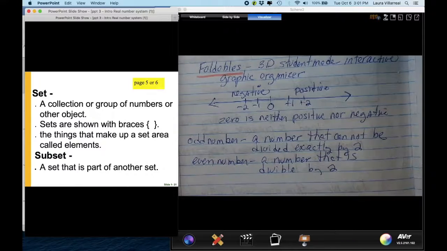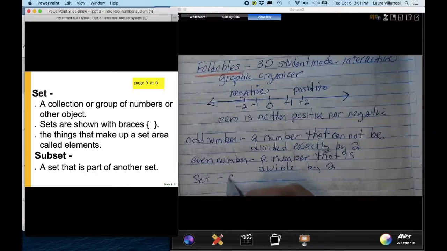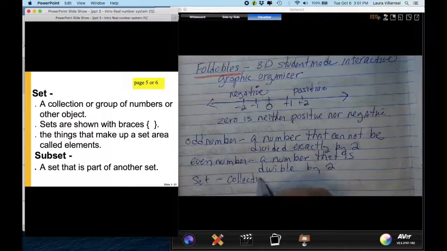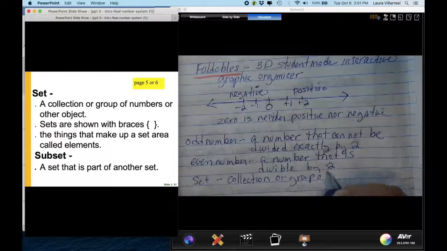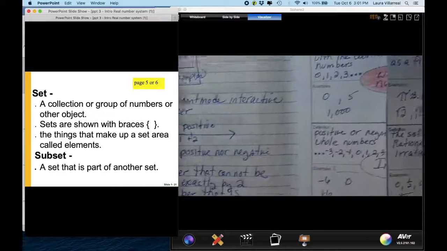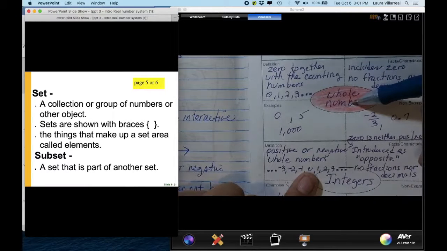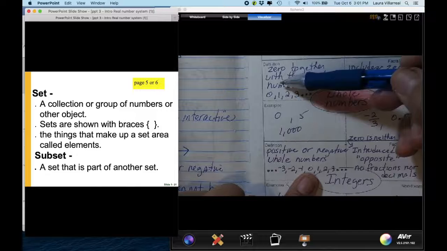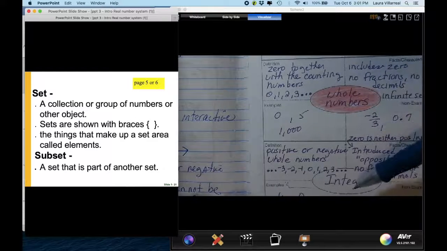Okay, the last term I want us to write down is set. A set is a collection or group of numbers. For example, whole numbers is a set. Whole numbers is the set of numbers that begins with 0 plus the counting numbers. So each one of these is a set.